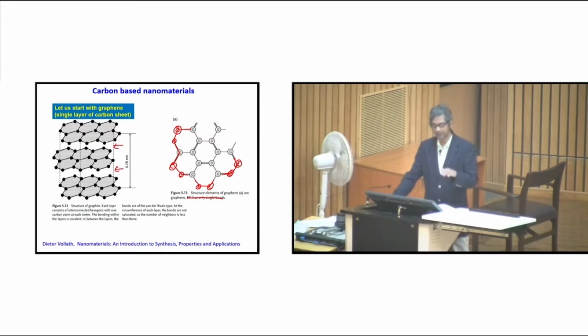Graphite is basically a layered structure. It has a hexagonal network in each layer, and between the sheets of carbon atoms you have van der Waals bonds. We can always devise ways and means to cut off these van der Waals bonds and produce a single layer of the hexagonal network, which is very easy to say but not easy to do in real experiments, and that's why it took so much time.